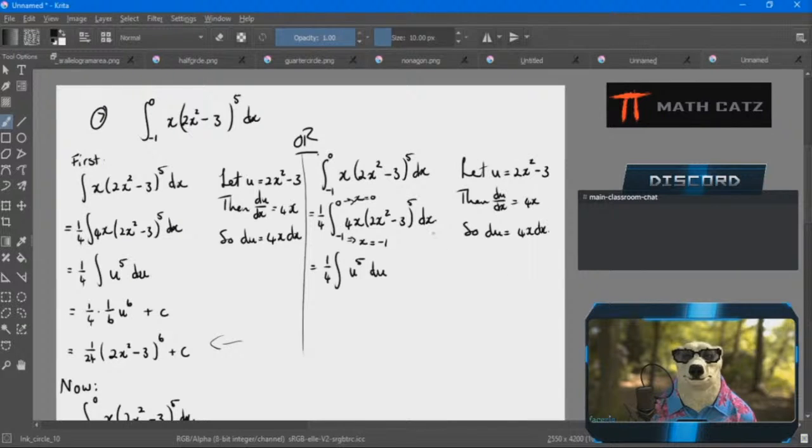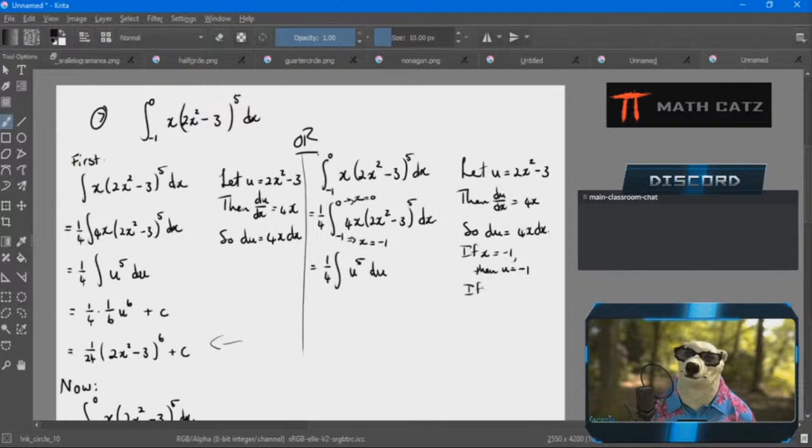And if I'm going to change the variable from x to a u, I need to figure out if x is -1, then what is u at that same point? So I plug it into my substitution and get -1 for x, so the squared is a 1, so that happens to be a -1 as well.